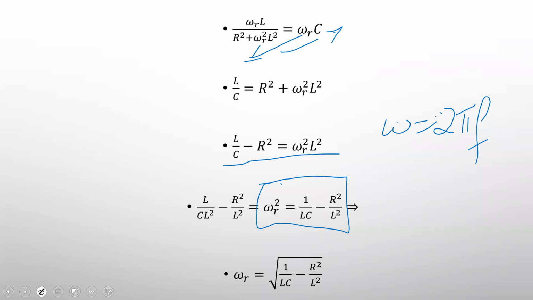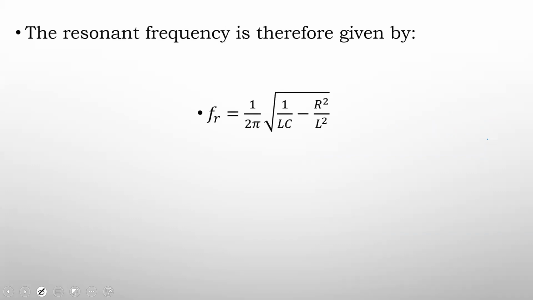FR will be equal to 1 over 2 pi square root of 1 over LC minus R over L all squared. So that's the expression for the resonant frequency.